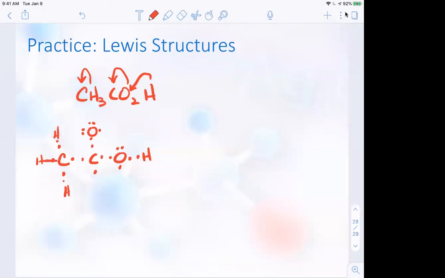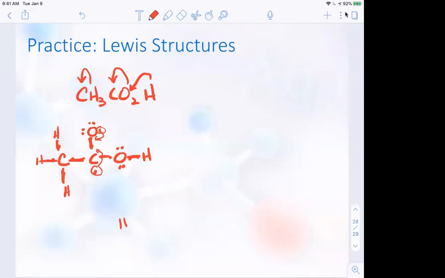I'm going to draw all my lines to form my single bonds that just connect 2 dots at a time. And what I'm going to notice is that I have this dot and this dot that can form my double bond.